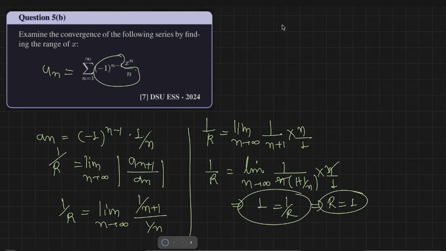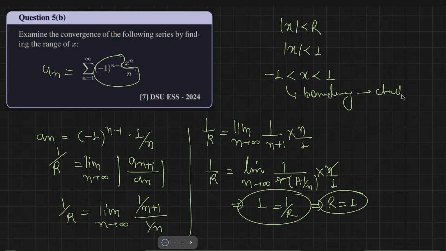Once r is equal to 1, then mod of x is less than r, because it is x power n. So it means mod of x is less than 1, so x lies between minus 1 and 1. Now you have to find the range. To check at the boundary points, put x equal to 1, that is case 1.